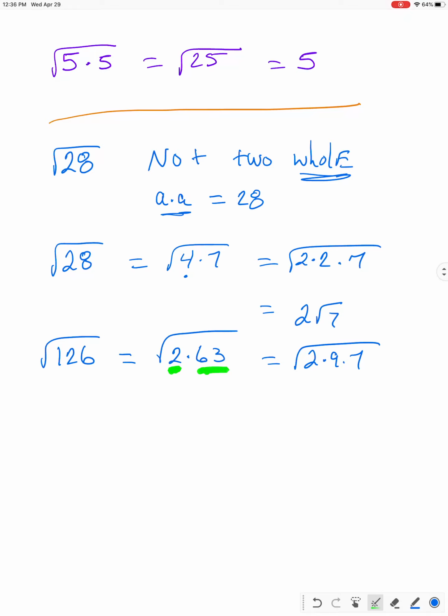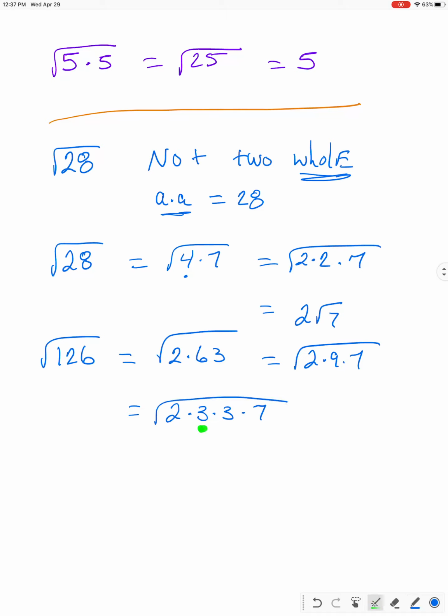2 times 63 is 126. 2 times 9 times 7 is 2 times 63, which is the same as 126. I took the square root, took the square root, took the square root. So one more time I can simplify by saying this is 2 times 3 times 3 times 7, all underneath the square root.